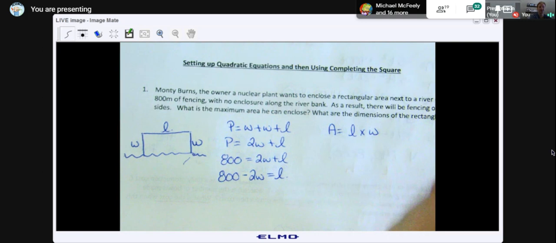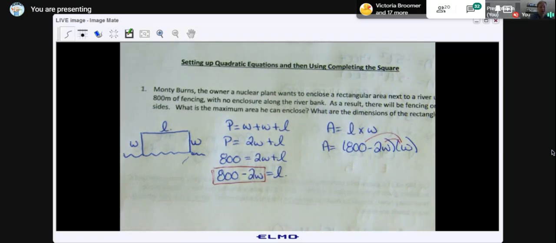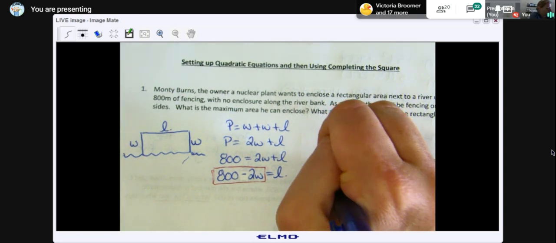Here, I've already isolated L. So I could say that area equals 800 minus 2 times width, times width. I'm going to expand that. Okay, so not totally FOIL, but I'm going to use my distributive property, and that's going to give me 800W minus 2W squared. Pardon me. Put that in proper order, which gives me area equals negative 2W squared plus 800W.